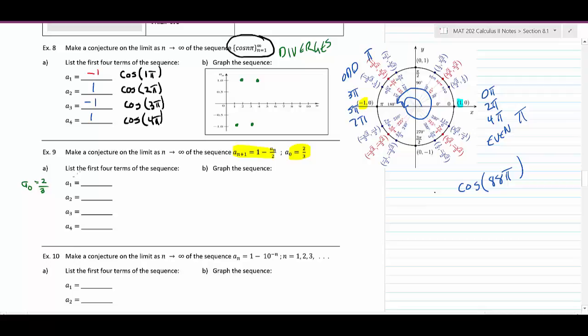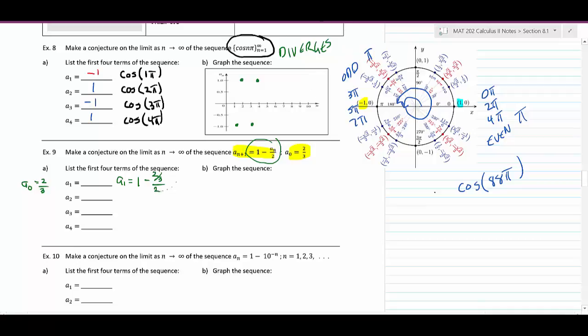So we got that, that's our first one. Now if we're finding A1, we need to do what it tells us to do. So if you're doing A1, you are doing 1 minus the previous term, which is 2/3 over 2. Oh, it's over 2, okay. All right, so we want to do that and just crunch that out.